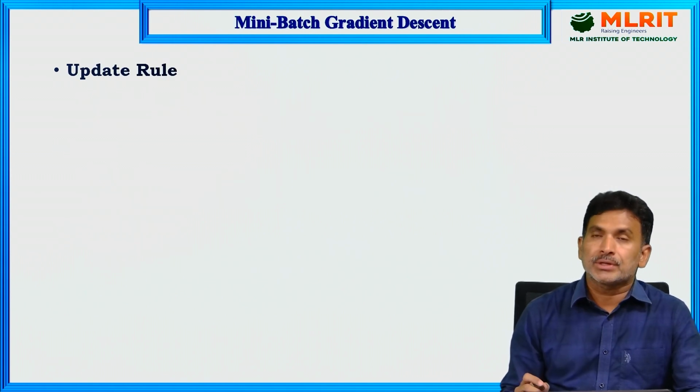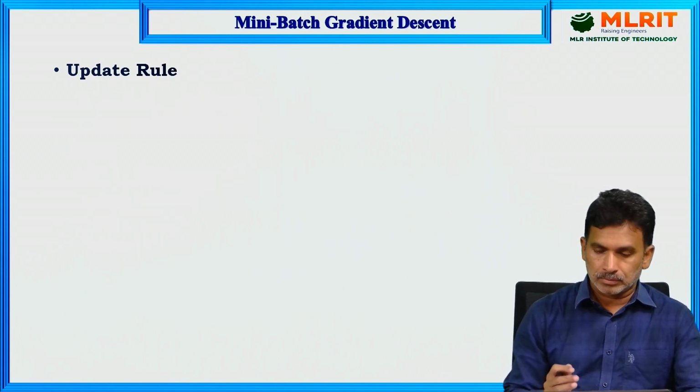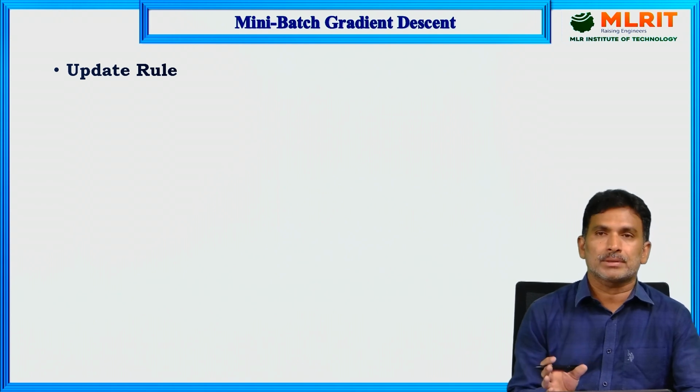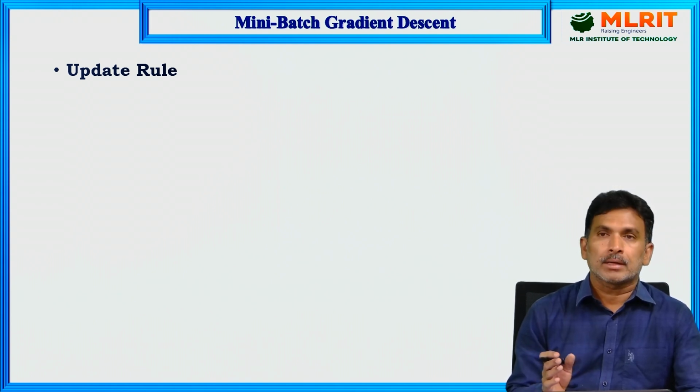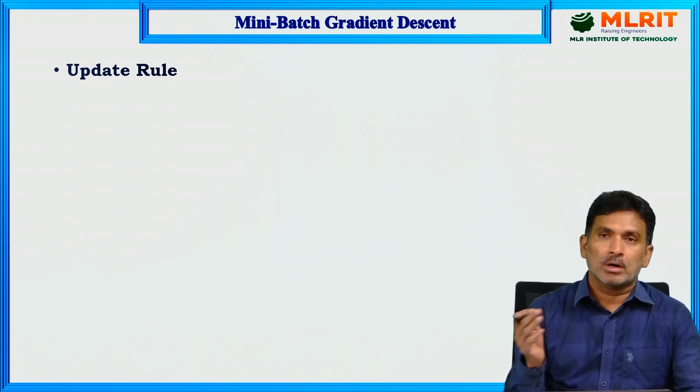Next, mini-batch gradient descent. A random set of samples is selected, and then the model is evaluated and updated.